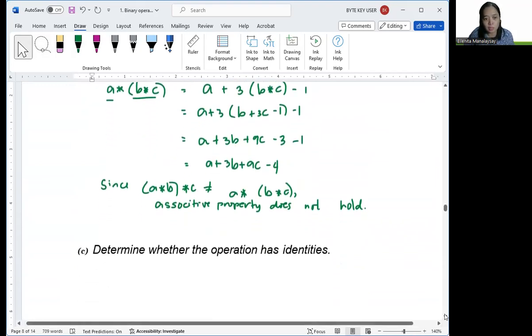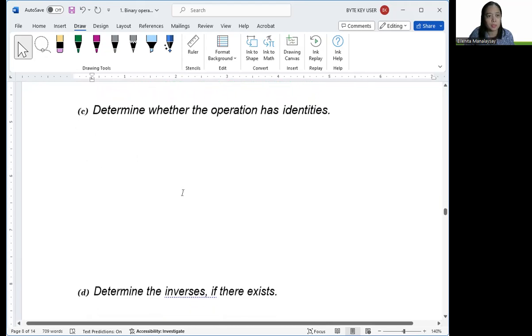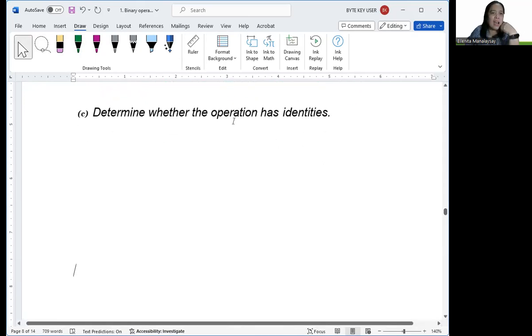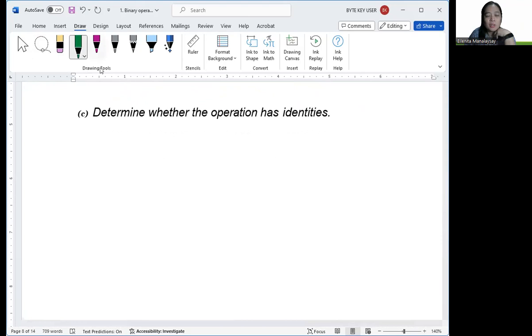Okay, let's consider the third one. Determine whether the operation has identities. Okay, let's try to find out. Is there an identity?